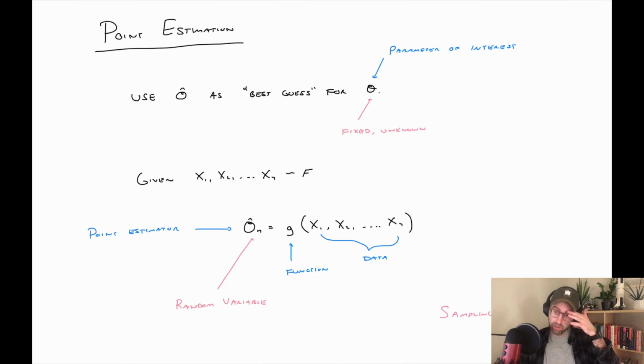But just a bit of a refresher, what we were doing there more generally was point estimation, right? So we have some fixed but unknown parameter, and we want to use a statistic that is some function of the data to serve as an estimator for that value.